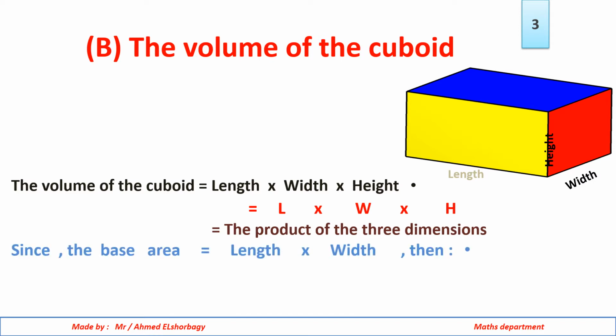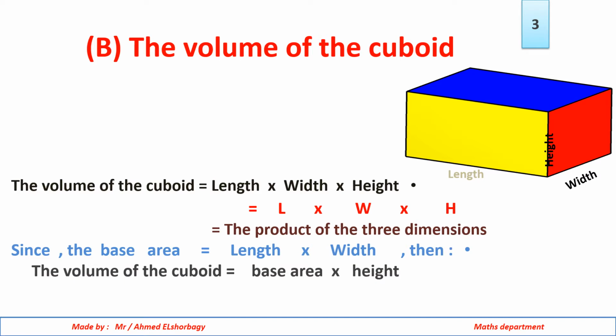Since we know the base area is a rectangle, the base area equals length times width. Then the volume of the cuboid equals base area times height. So we can simplify base area to B, base area times height, we simplify height to H.